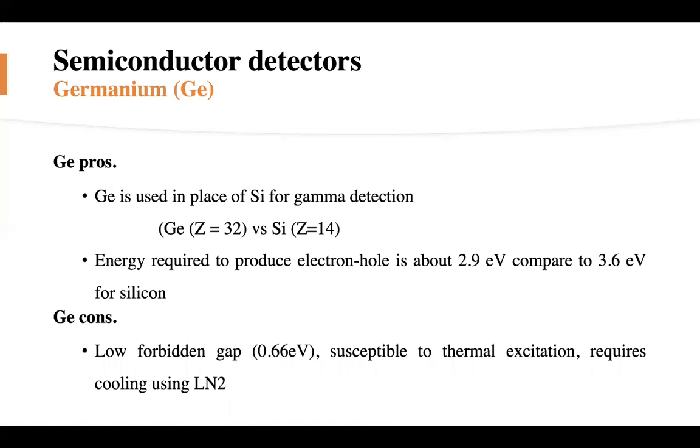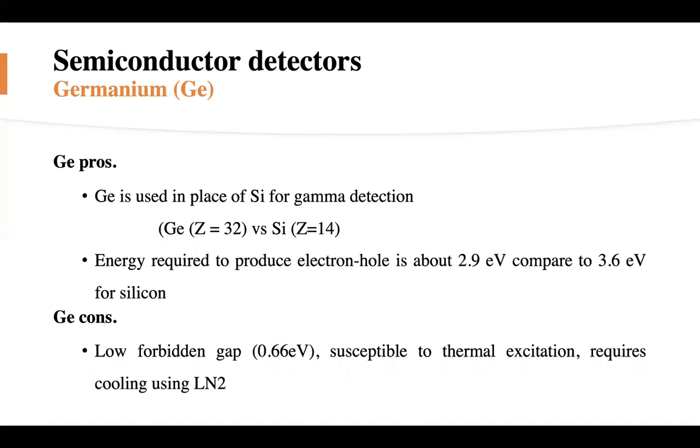You can see that its density is higher than silicon, about double. The energy required to produce an electron-hole pair is about 2.9 electron volts, and for silicon 3.6 electron volts. So these are some of the main advantages of germanium.